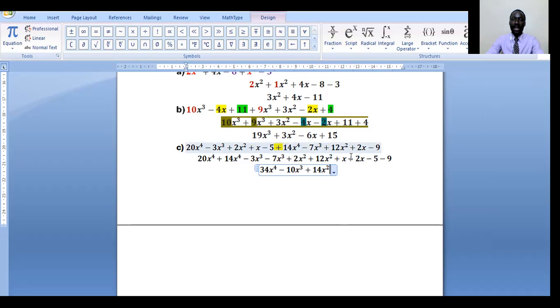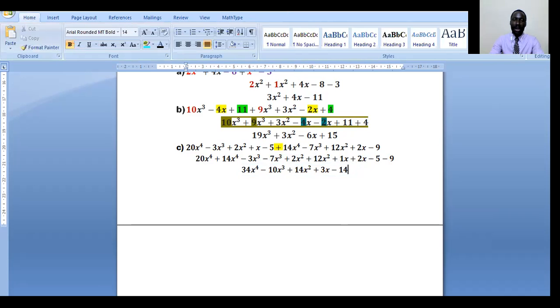And then lastly, we have this x that we are adding to 2x. Notice that this x has got some silent 1 in front. And so we would like to add that silent 1 onto this other 2x. So when we add 1 to 2, we get 3x. Then from 3x, we now have minus 5 minus 9, which is minus 14.